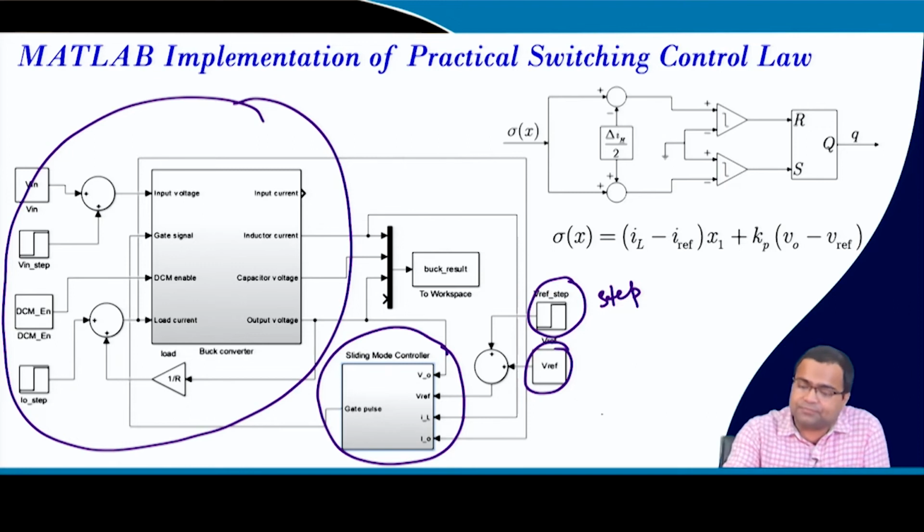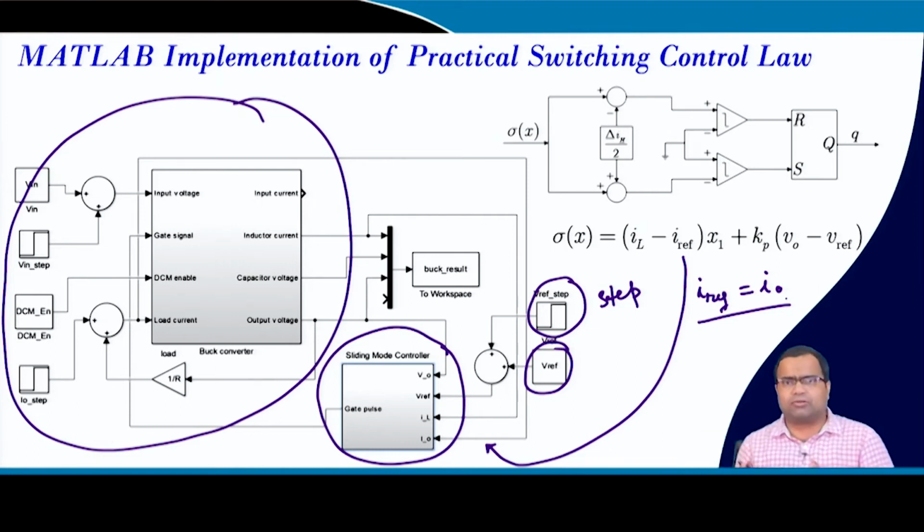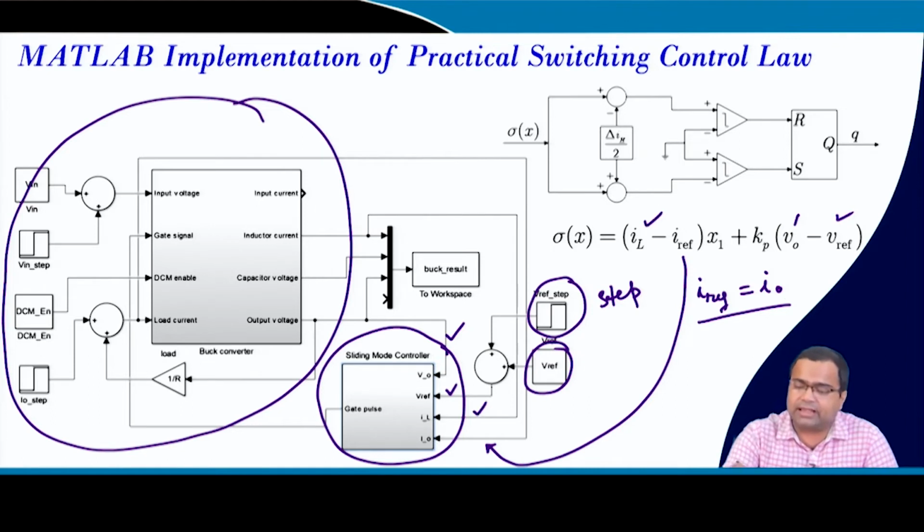And you can see there is this Iref I have chosen to be load current. So, this Iref I have chosen, it is nothing but load current, but it is not necessary you always choose the load current because there are alternative ways of representation. And I need V0, so this is my V0, Vref, this is my Vref, IL, this is my IL, and Iref, this is my I0, right.